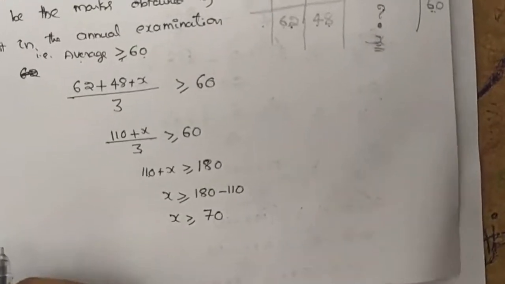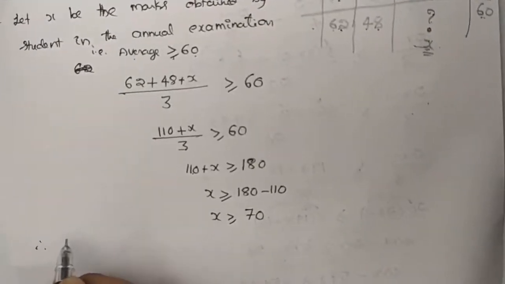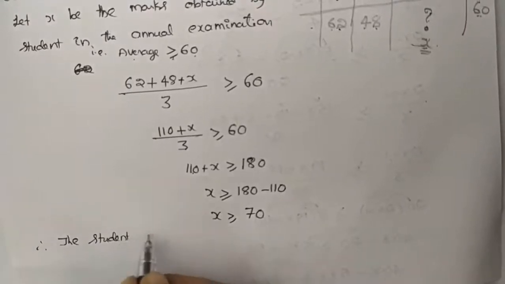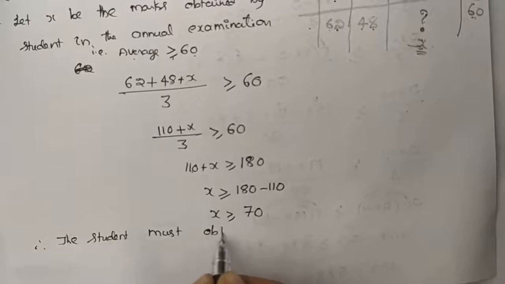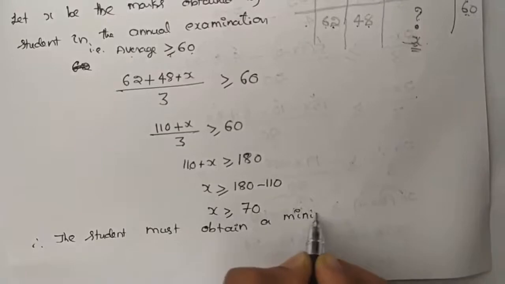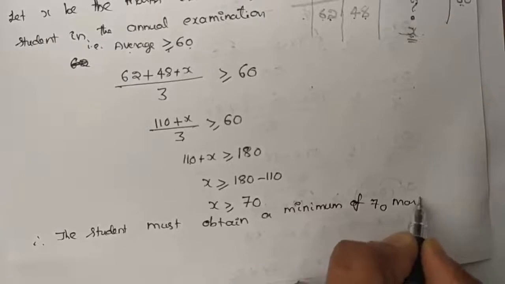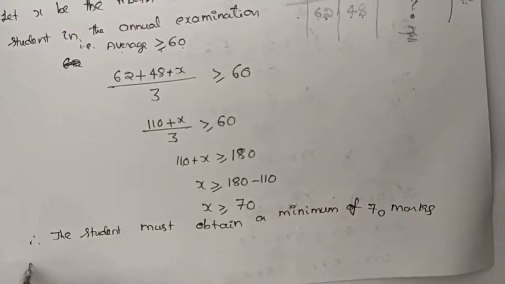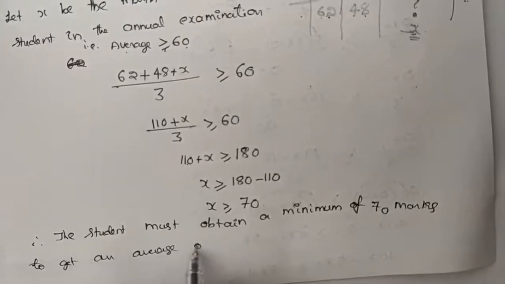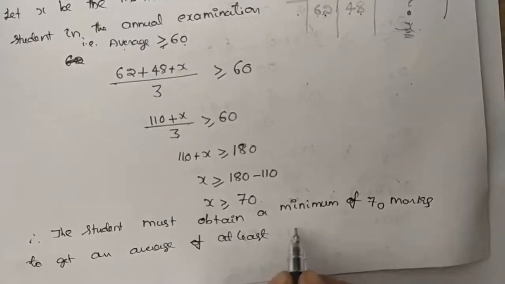Therefore, write its conclusion. Therefore that student must obtain a minimum of 70 marks to get an average of at least 60 marks.